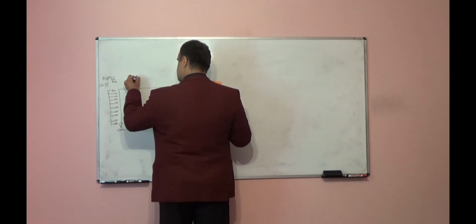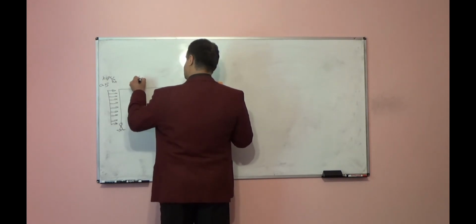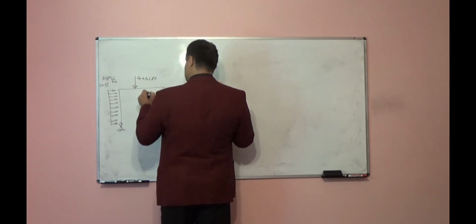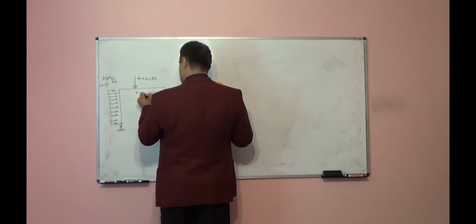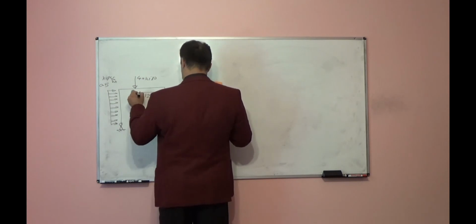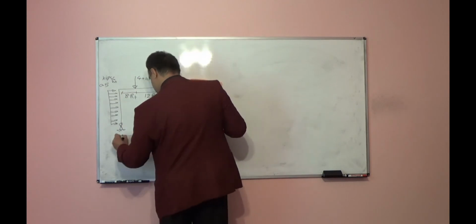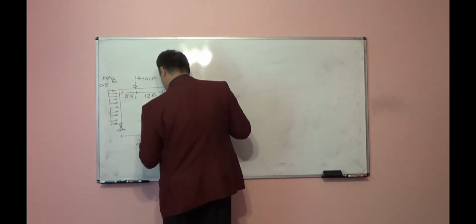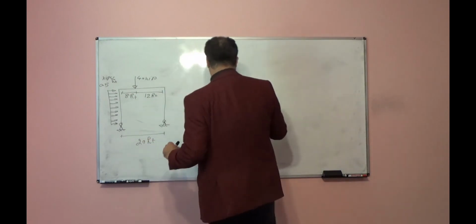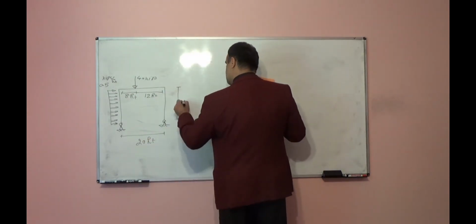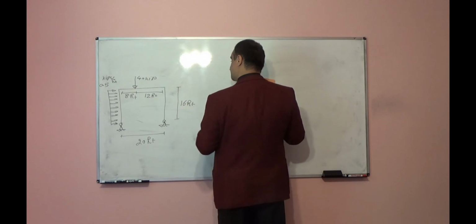We have one concentrated load here, that is 40 kips. From here to here it is 12 feet. From here to here it is 8 feet. So the entire span is 20 feet. And the height of this frame is 16 feet.